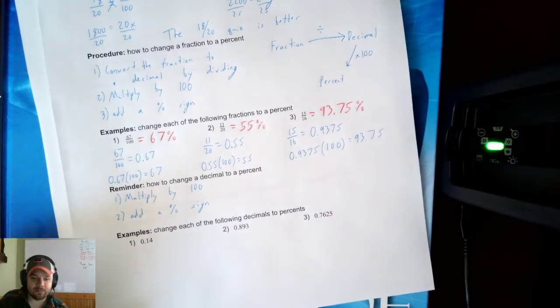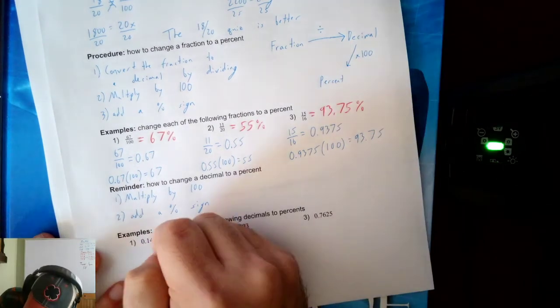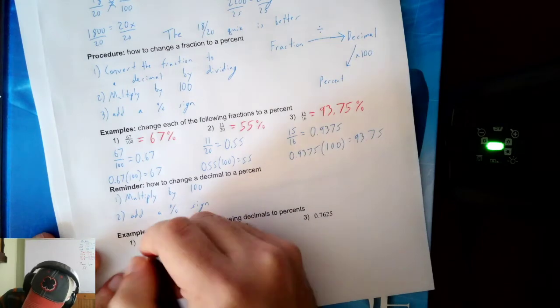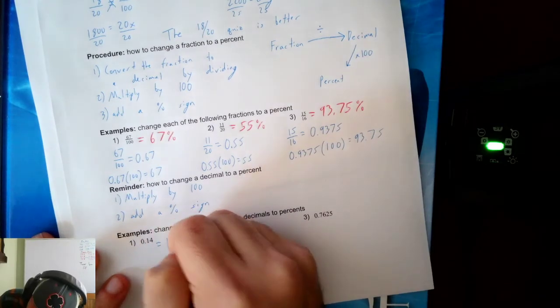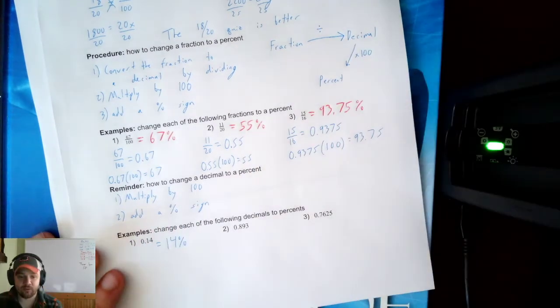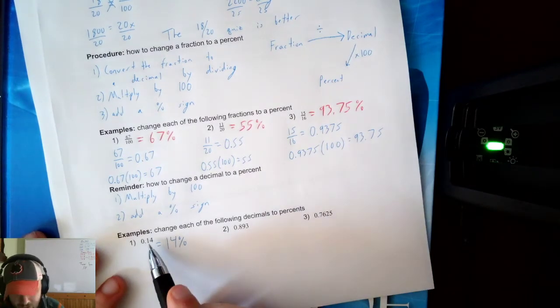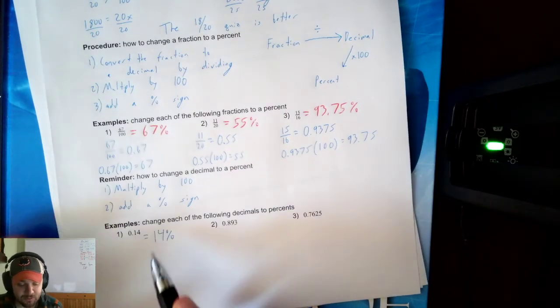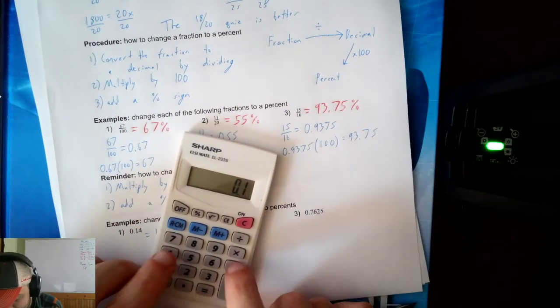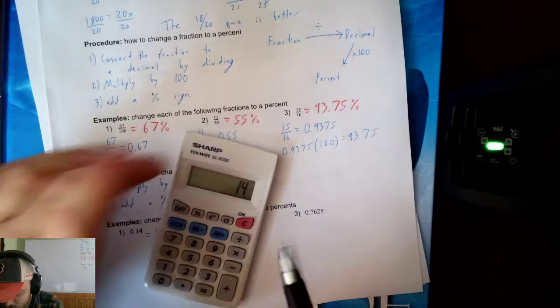So decimals becoming percents is actually a lot easier. 0.14 would be 14%. I was getting ahead of myself with the word percent. 0.14 times 100 gives me 14, right?